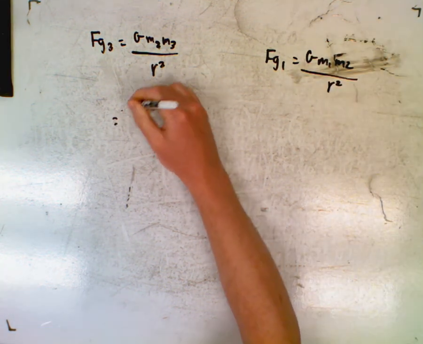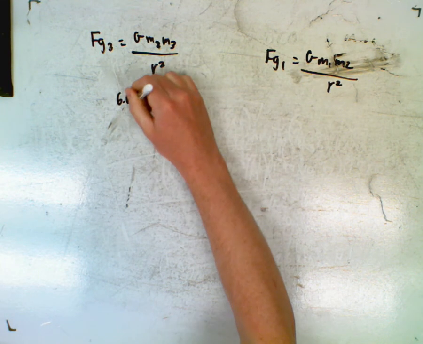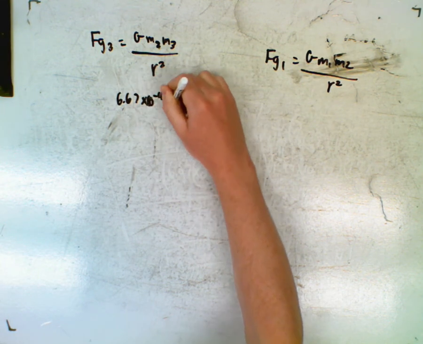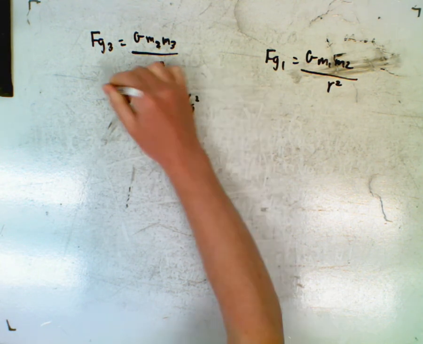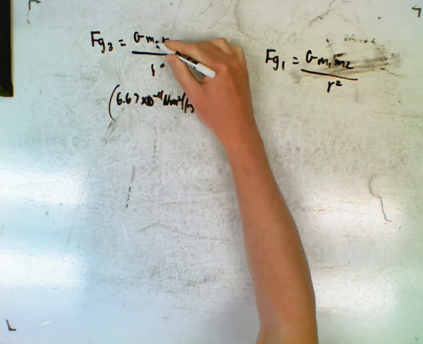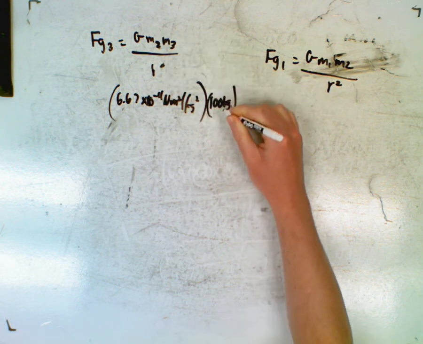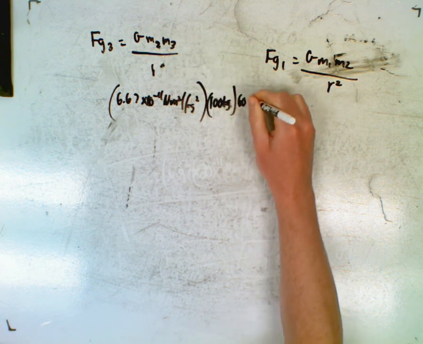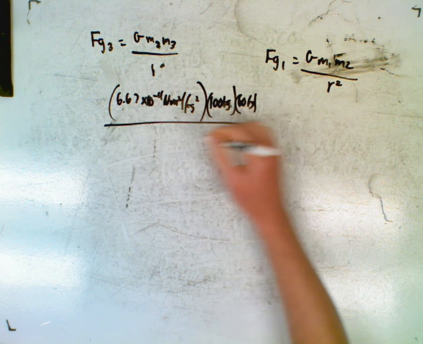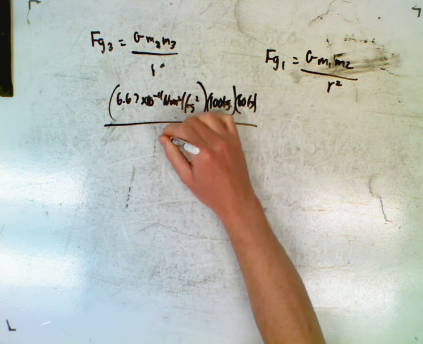Okay. So 6.67 times 10 to the negative 11 newtons meters squared per kilogram squared times our mass 2, which is 100 kilograms. So this is the force of attraction between the 100 kilogram mass and the 60 kilogram mass. They are 15 meters apart.